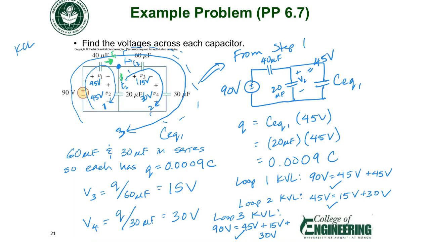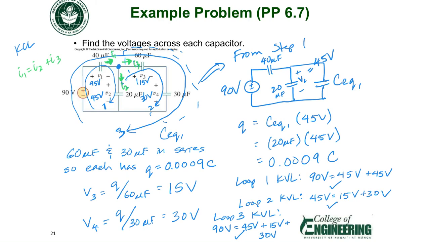I1, I2, I3. What's KCL at that node? You're right. Okay, I1 is equal to I2 plus I3. That's correct, but what are the values for I1, I2, and I3?